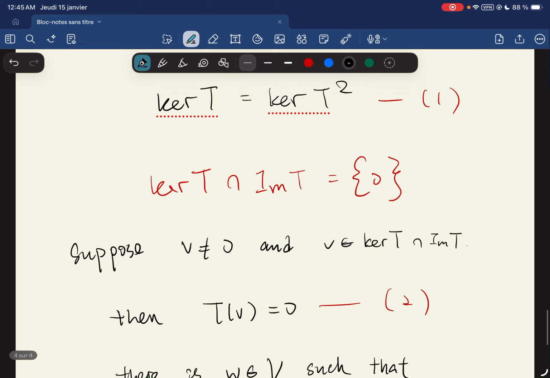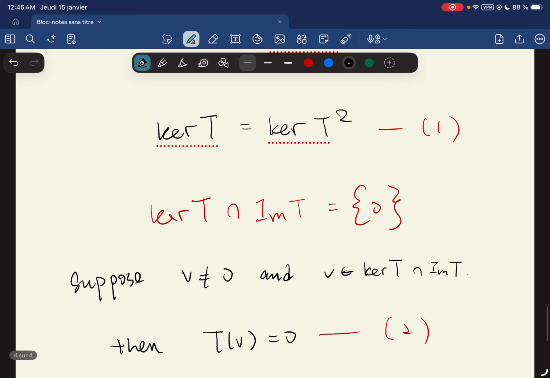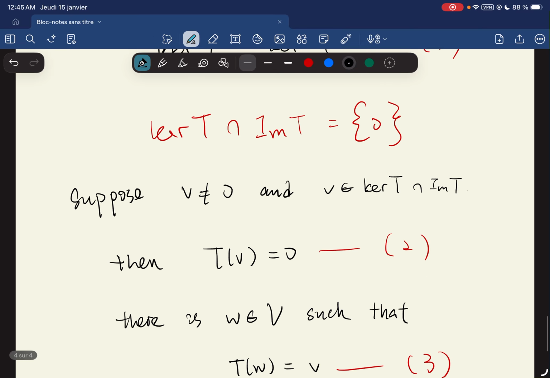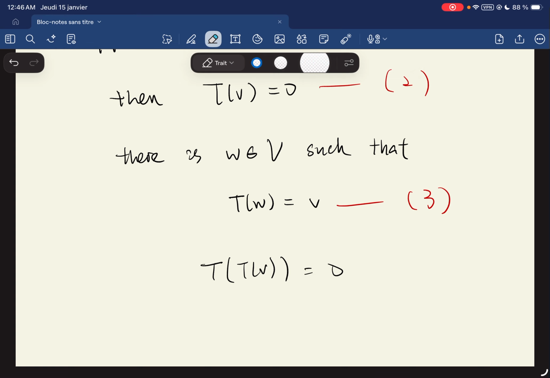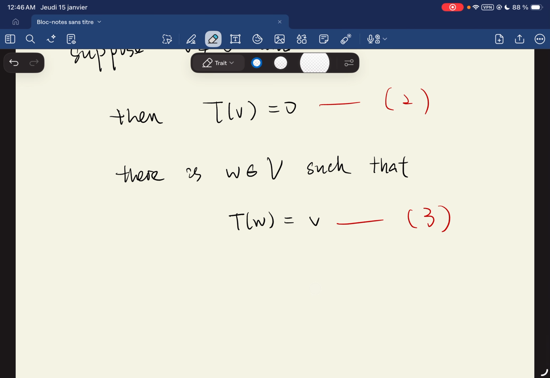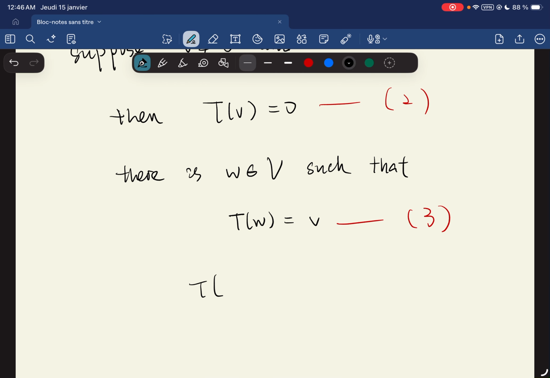So this is what I see. Well, we have to use the fact about the kernel of T squared. So I have to create some kind of composition, right? But if I do T of v, it is not quite useful, as I can see. It does not help us at all. So maybe we can do T of w. Then what is it? It is T of v, but T of v is 0.